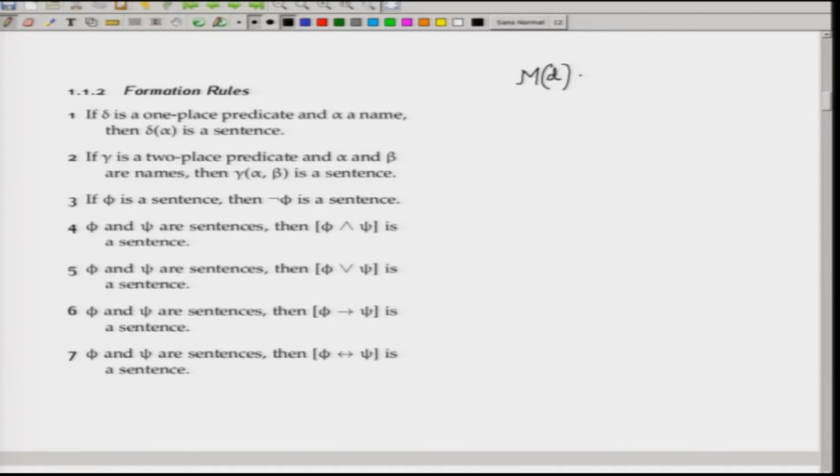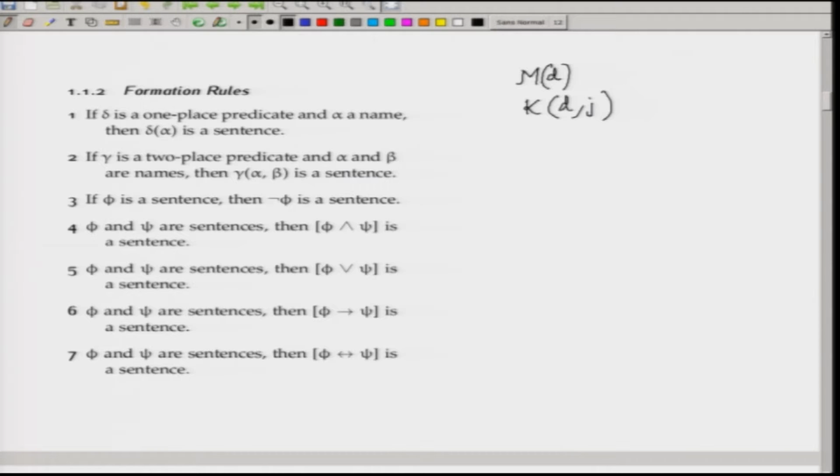And then if gamma is a 2-place predicate and alpha and beta are names, then gamma alpha beta is a sentence. So we take one 2-place predicate K, and then we write D and J. This will be a sentence also. And then we go to the logical connectives. If phi is a sentence, so is nec phi.